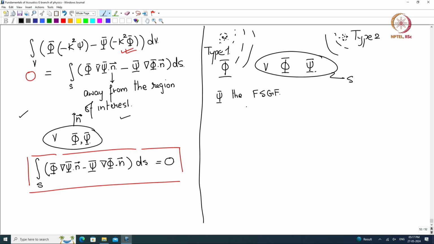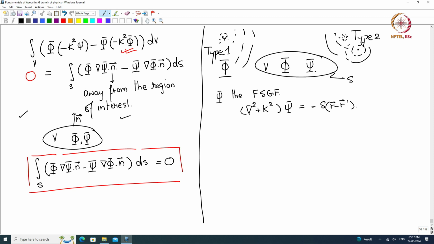That means it satisfies del square plus k square psi is equal to minus delta of r minus r dash, in spherical coordinates, or let us keep it general for now. So now I have a point source over here, and that is generating a sound field. We will call that psi.